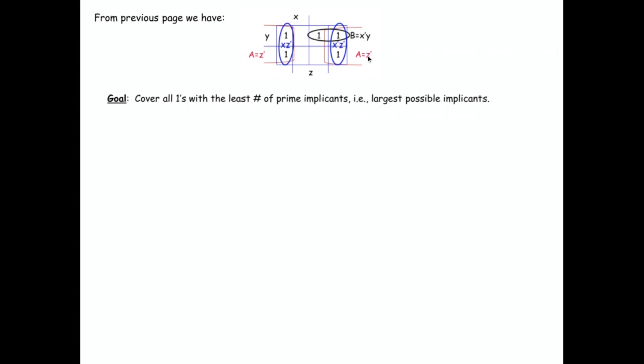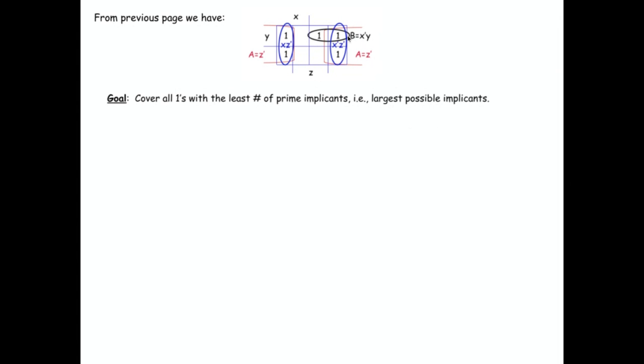So you would still have the A. Could you use X prime Y Z? Yeah, you could just have a trivial implicant that is just a single one, and it will still be equivalent. But it would not be a prime implicant because it would not be largest possible. So the largest possible that would cover that one is this B.